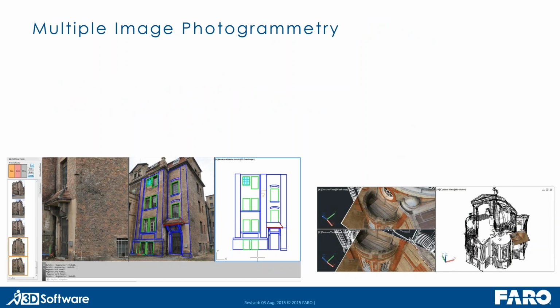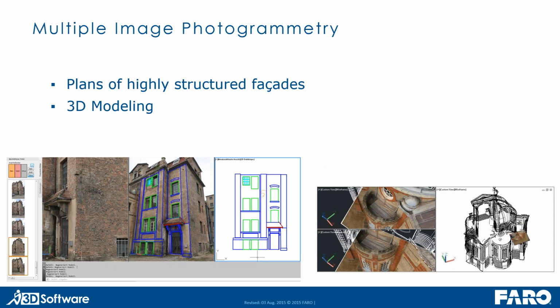So once you've imported oriented images or oriented those with PhotoPlan tools, you can use them to create plans of highly structured facades, like you can see here. And you can also use them for 3D modeling.